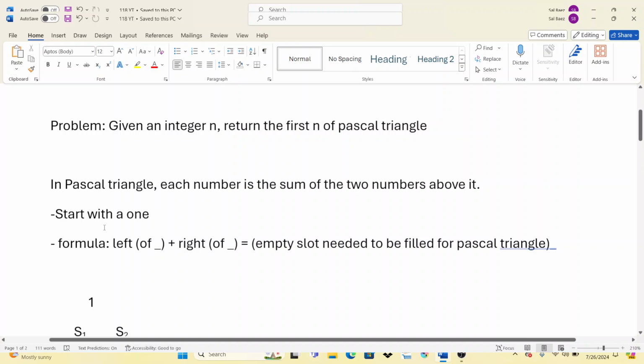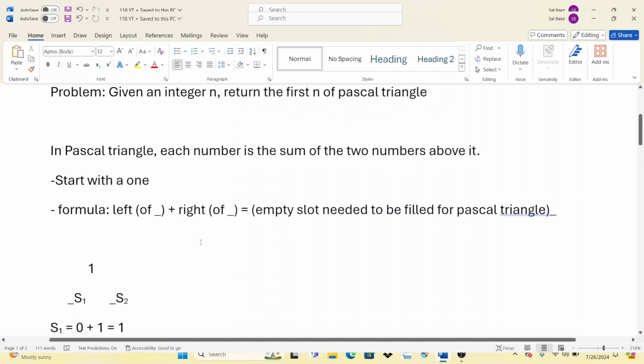What I did here is I said we start with 1 to start off the triangle. Then I created this kind of formula that I did some research on. When we go past the first row, this formula is going to be applicable, meaning we'll be able to use it.